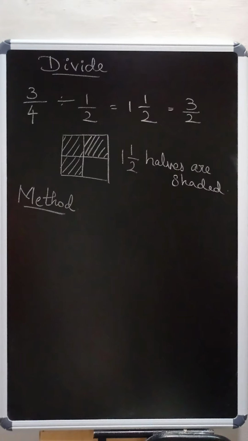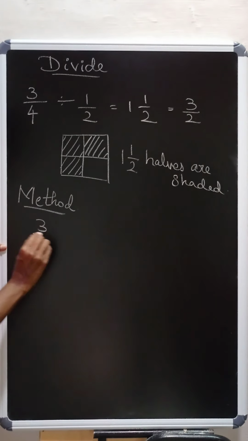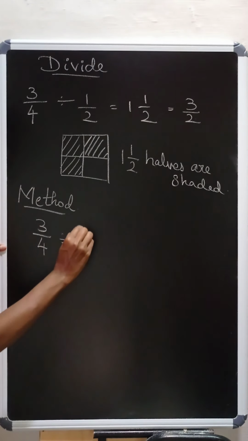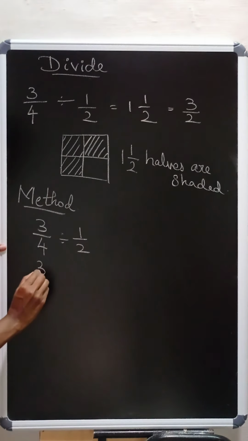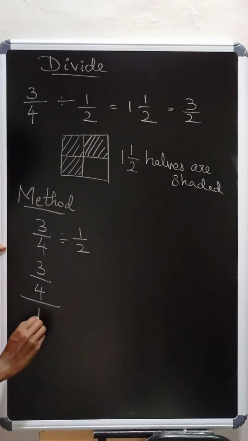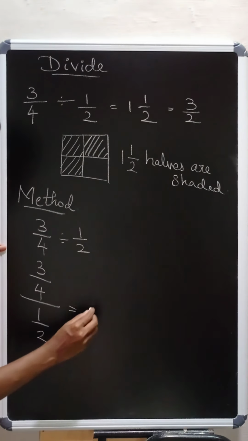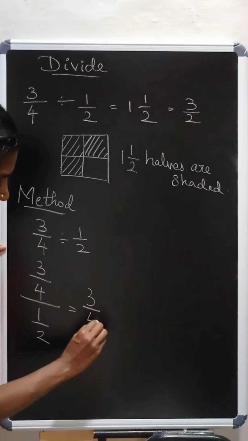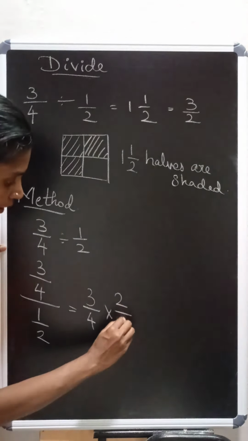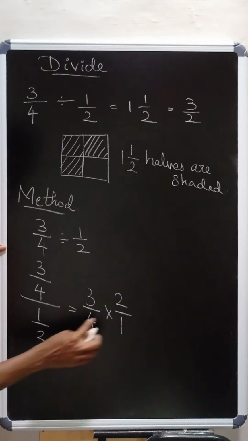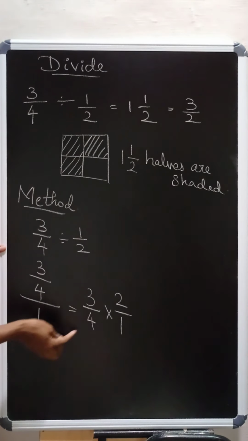Next we will see the method for the second sum. 3 by 4 divided by 1 by 2. It is nothing but 3 by 4 divided by 1 by 2. So 3 by 4 into 2 by 1. This 2 goes to the numerator and this 1 comes to the denominator. This is called the reciprocal. So you are taking the reciprocal of the second fraction.